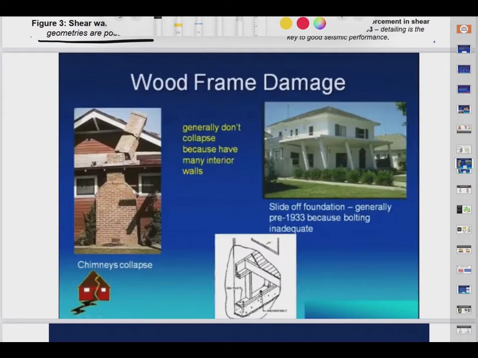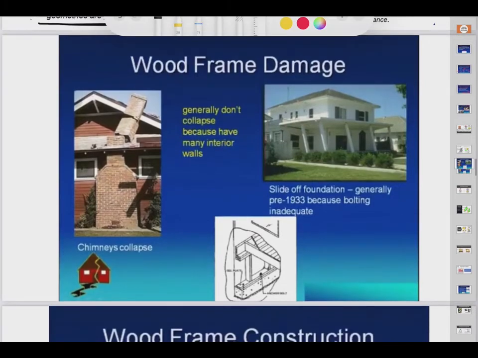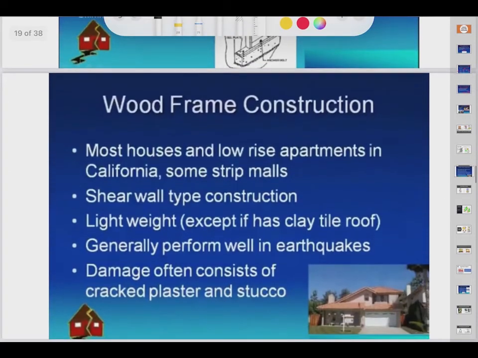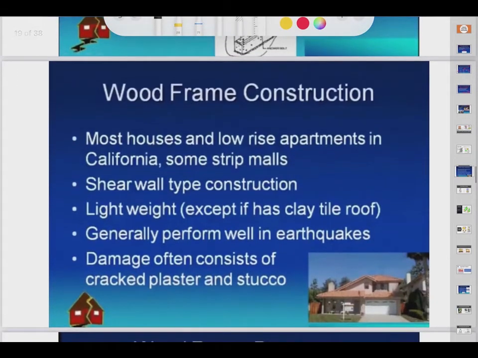So generally wooden frames do not collapse, though there can be sliding off of the foundation in the building. If you take wooden frame construction, most houses and low rise apartments in America are made up of these wooden frames, and in themselves they are shear wall type construction.